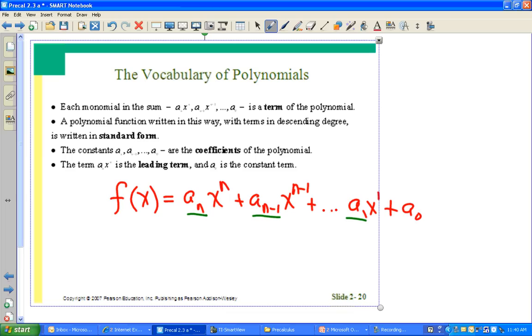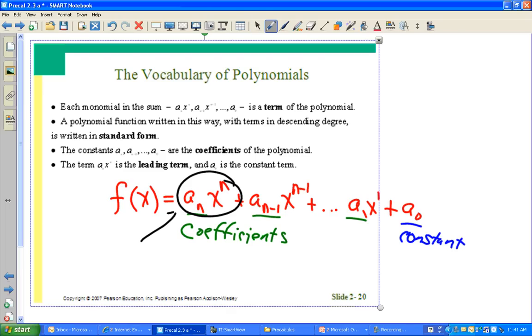I keep forgetting you can't see me pointing at the board. Those are the coefficients. A sub 0 is the constant term. They're all called terms, but the very first one is the leading term. It determines the degree of the polynomial based on the exponent n, and of course a sub n is the leading coefficient. Okay, enough of the vocabulary.